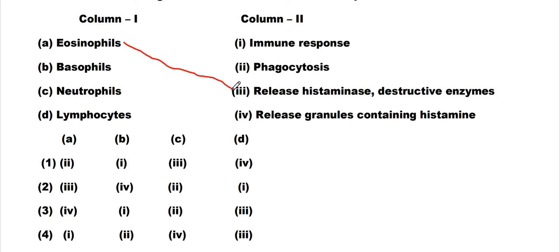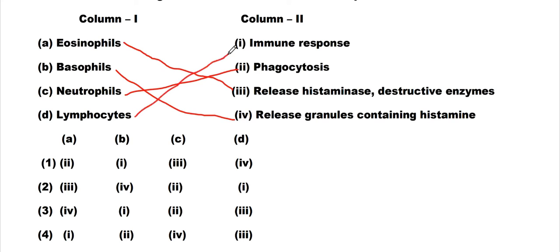Next, your basophils. Basophils are the cells which release granules containing histamine. Next, neutrophils are the largest and the most abundant phagocytic cells responsible for phagocytosis.